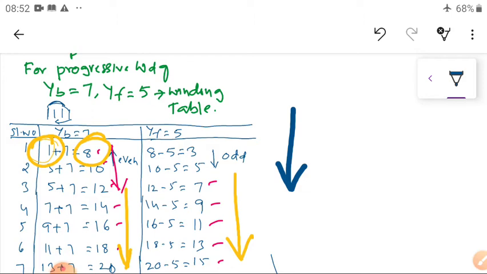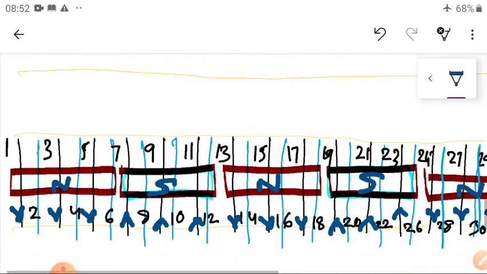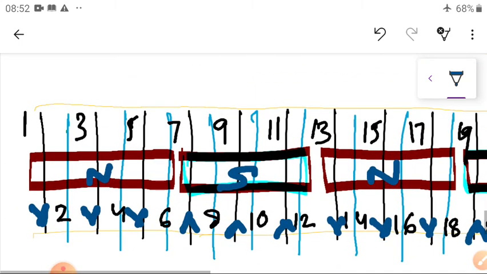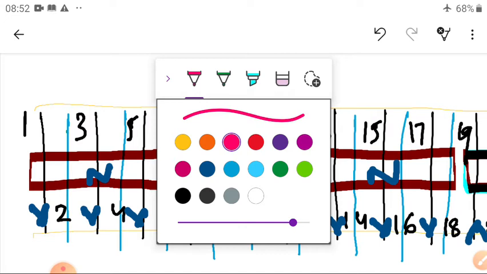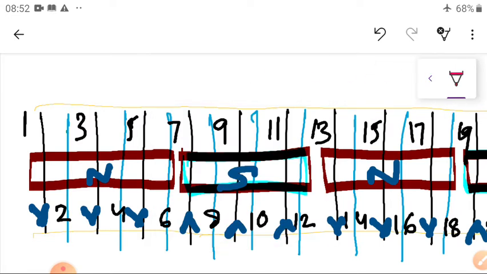So keep it aside and based on the table you connect the lines. You can see the first conductor. The first conductor is connected to the 8th conductor.